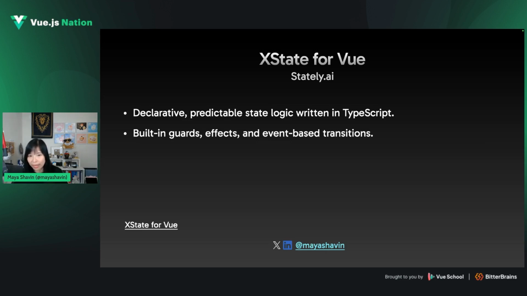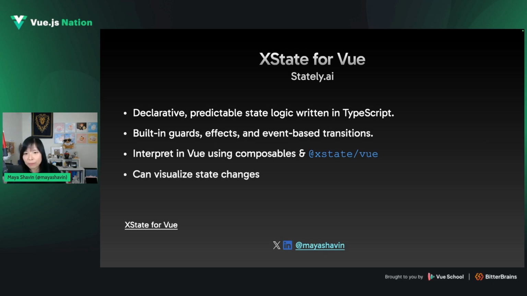And of course, everything is based on events. For Vue, we can use XState/Vue, which leverages the Composition API. When you plug the machine into it, it's fully plugged into the Vue reactivity system.